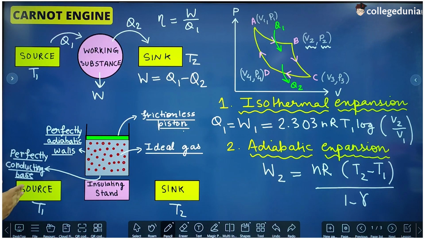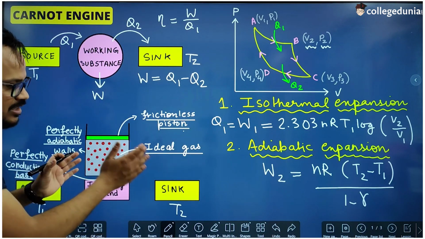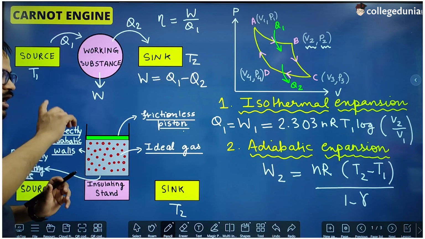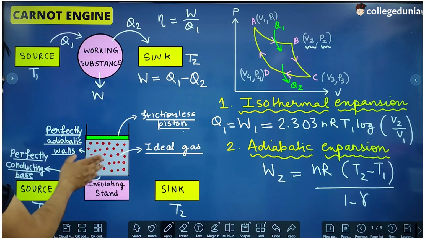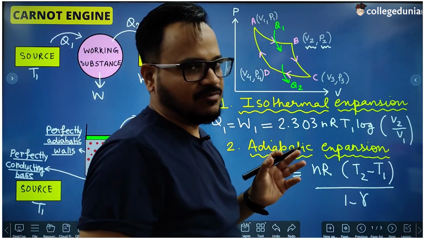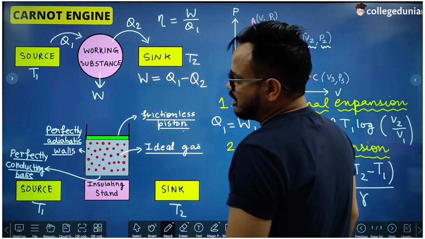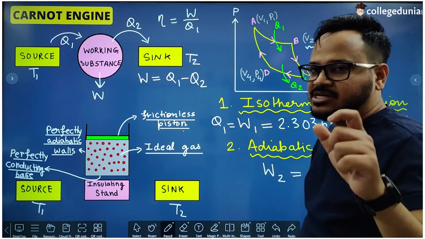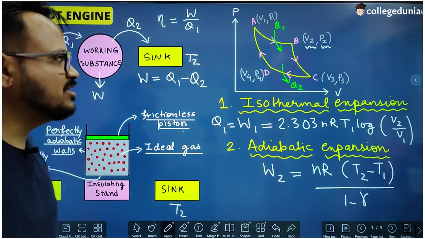In first step temperature was T1, in second step temperature changed to T2, in third step temperature remains T2, and in fourth step we are now again increasing the temperature, because in fourth step when you compress the gas then the temperature will increase, and again we are going to increase the temperature from T2 to T1, such that this process becomes cyclic. A cyclic process is a process which again comes back to the same state from which it started.